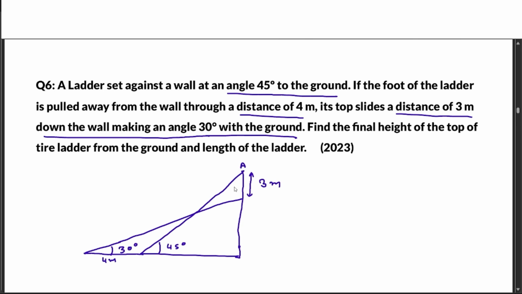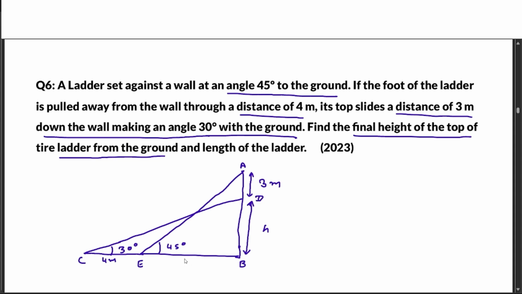The first point A, then B, AB is basically the wall. After that you can say this is C, and this is E. Now we have to find the final height of the top of the ladder from the ground. So basically we have to find this height. So we can say this height H, and this point we can say D.